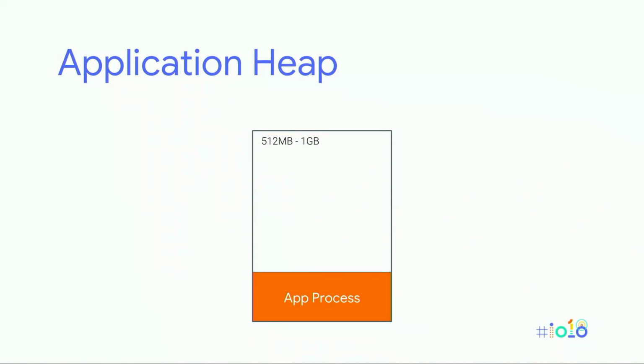So I want you to notice something else about this diagram that I had up before. Because of this per process heap limit that's a fixed value for a single application, if you try to put all of your application code into a single process or a single APK, you're going to be severely limited in your ability to fully utilize the memory that is available on this device. Now keep in mind, with Android Things, the only apps on the device are your apps, so you should be able to take full advantage of those memory resources as much as you possibly can.